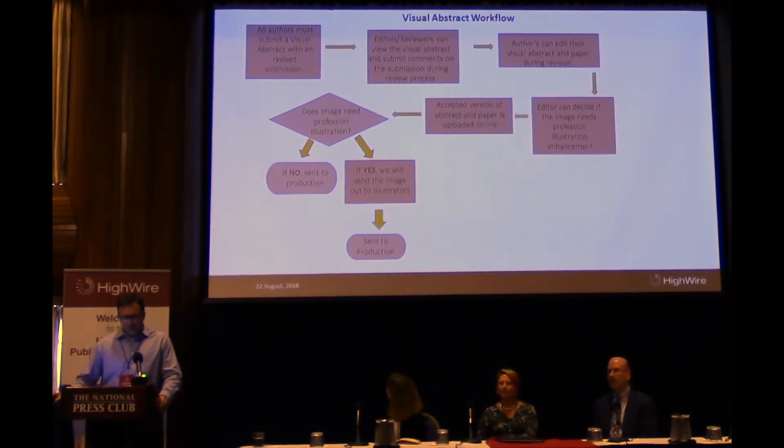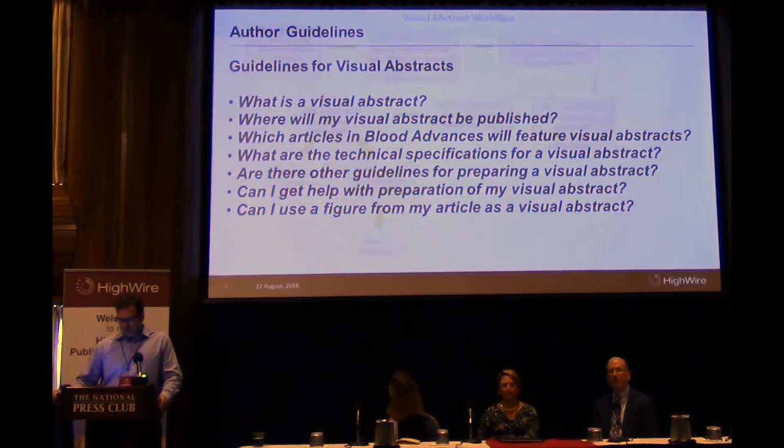For Blood's case, we ask authors to provide a visual abstract just during the revision process. The Blood acceptance rate is around 13% now, so we don't want to anger everyone by asking for extra work. We can just focus on the first version, and then during the revision process, that's when we ask for a visual abstract.